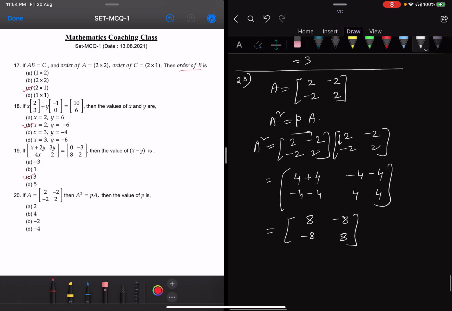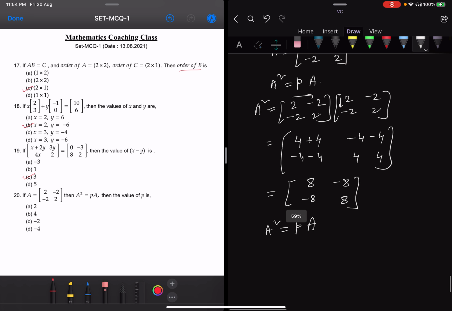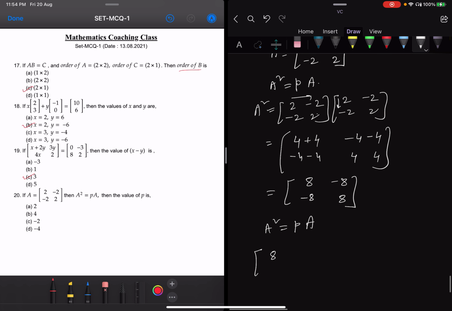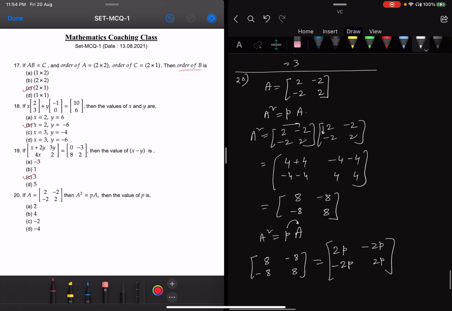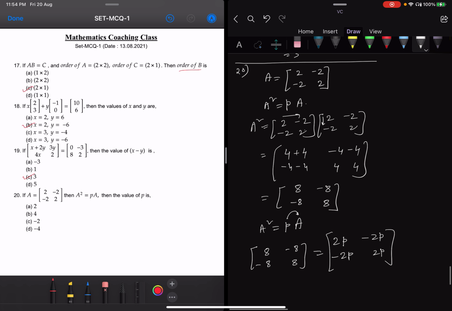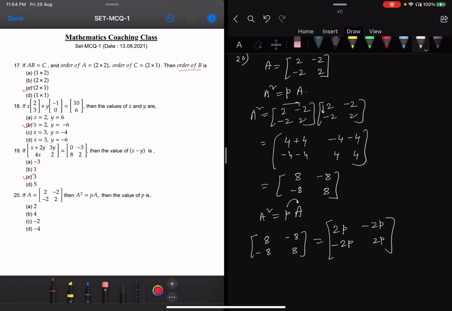Now A square equals P into A. That means this 8 minus 8, minus 8 8 is equals to 2P minus 2P, minus 2P 2P. Why? I have already multiplied P with A, that means with the matrix. Now respective values will be same.